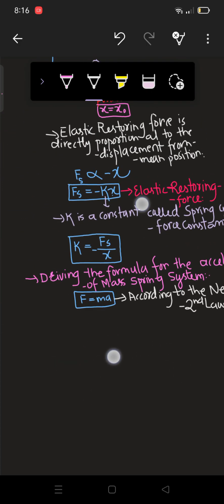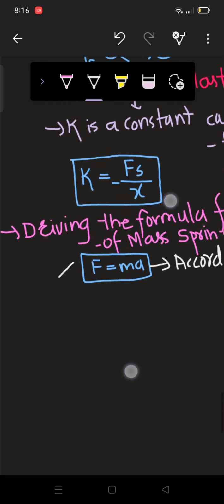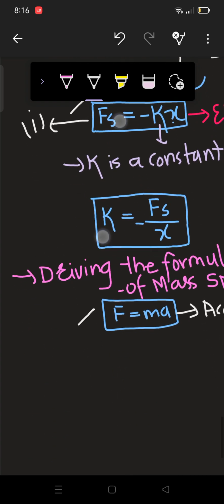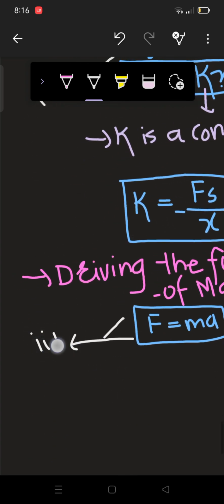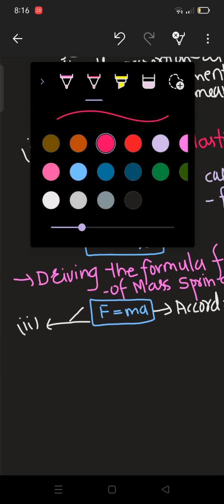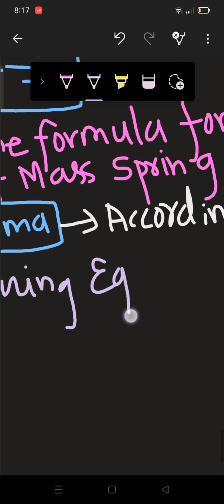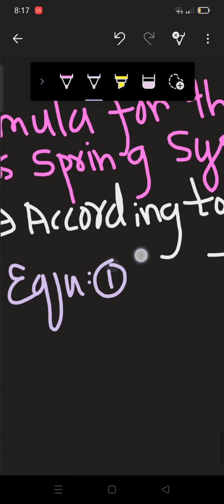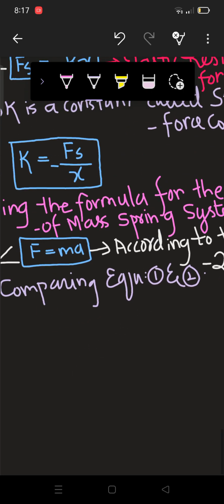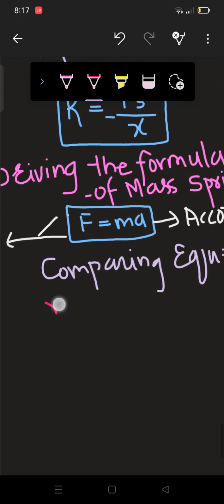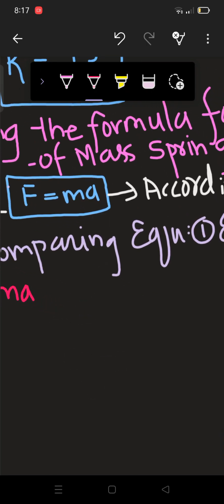Now see, comparing this equation and this equation, let's call this equation as equation number 1, and let's call this equation as equation number 2. So comparing equation number 1 and 2, F cancel, so ma is equal to negative of kx, right?